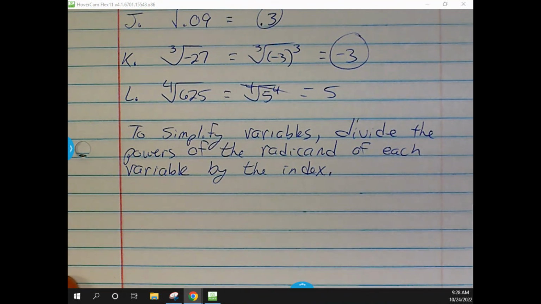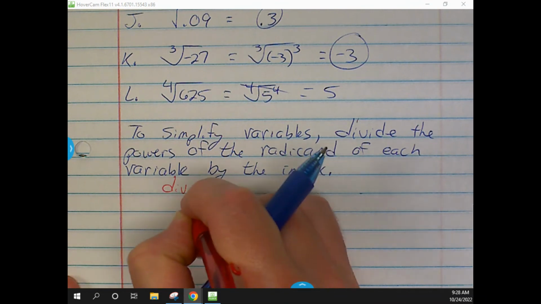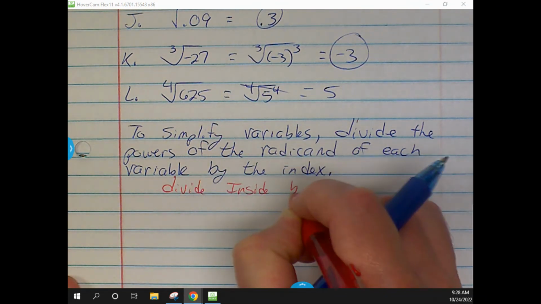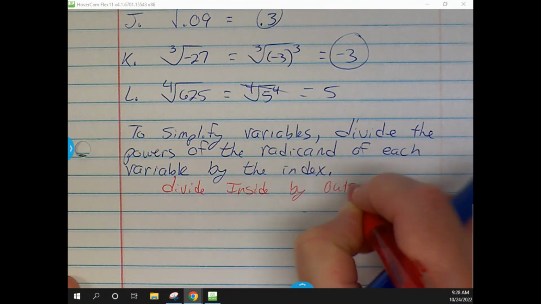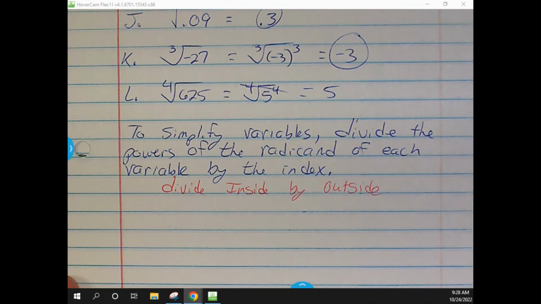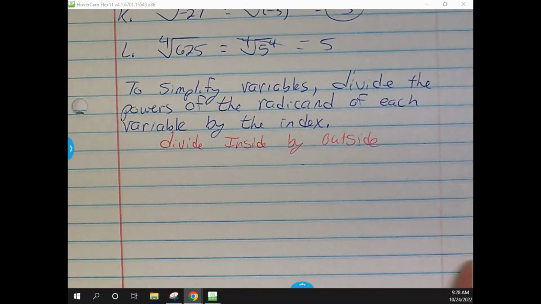So you're dividing the inside by the outside. Take the inside powers, divide it by the outside root or the outside index.